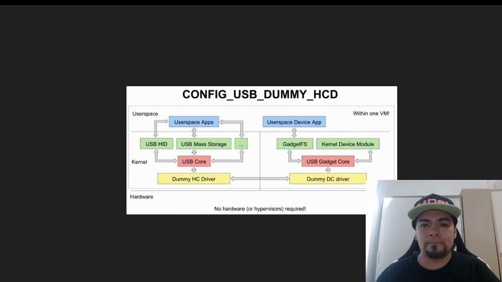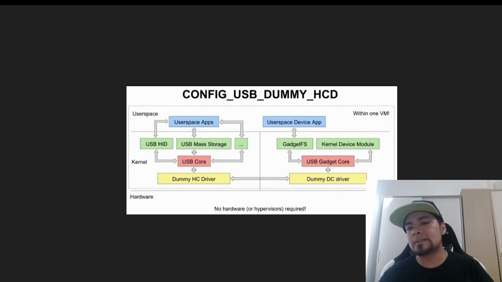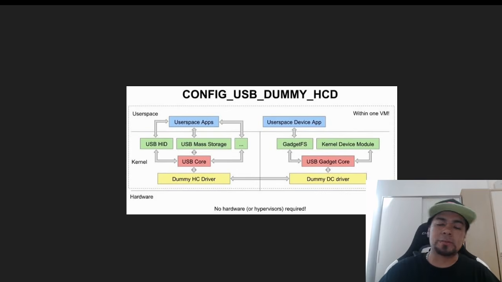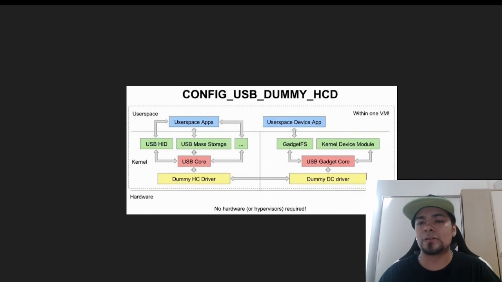But wait, the problem with Gadget FS is that you cannot change the messages of the USB descriptors in this phase of communication. They say, hey, I am a keyboard, and these are my descriptions, characteristics, and so on. You cannot change this. You can emulate, but the features and changes that you can make are very limited.